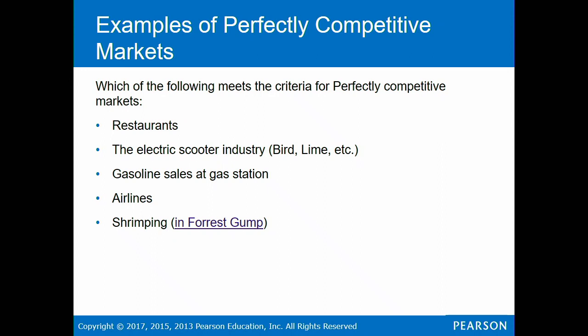Would restaurants meet the first criteria, many buyers and sellers? Yeah, there's tons of restaurants out there. There's tons of people that go to restaurants. How about the second? Products are identical? No. No, so it's not a perfectly competitive market. Because there's some differentiation. You have choice between the restaurants, and which one you choose actually makes a difference.